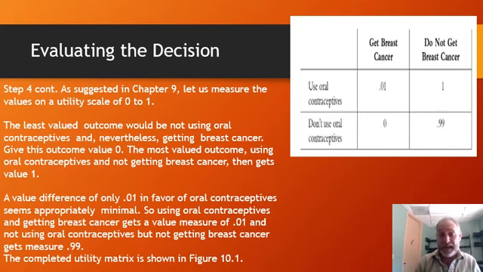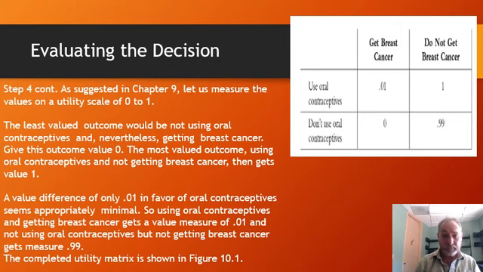A little spoiler: it's going to turn out that even if you assign very little utility to using the contraceptives, the decision with the highest expected utility is still going to be to use them. It might be a surprising outcome. Obviously, if you assigned a higher value, the right decision would still be to use the contraceptives, but we're getting the surprising result that even if you put a very low value on it, it'll turn out that way.